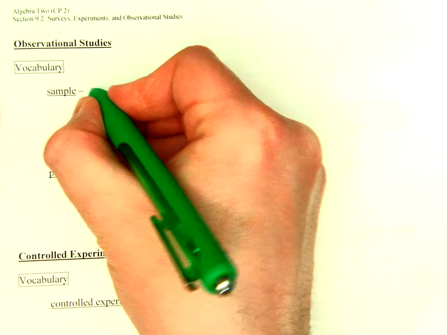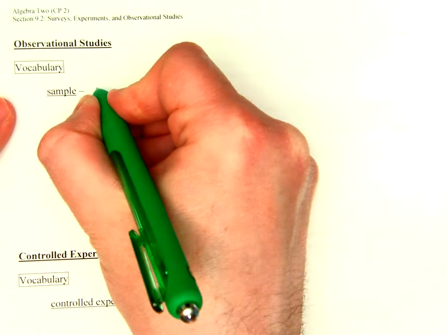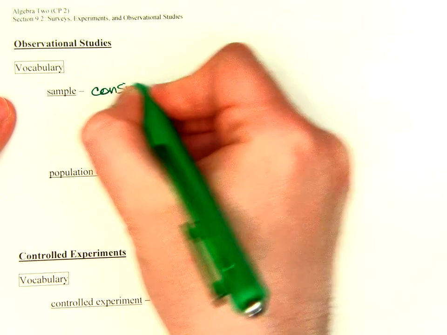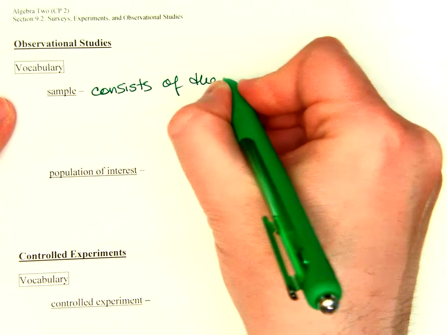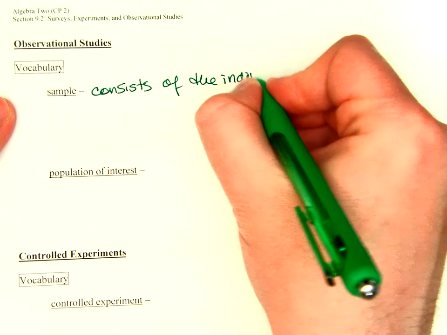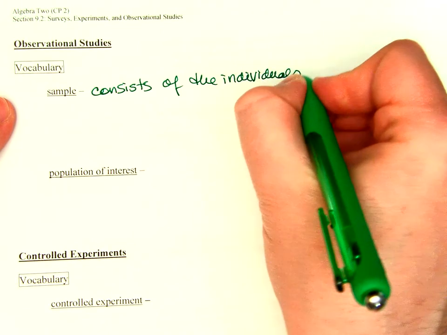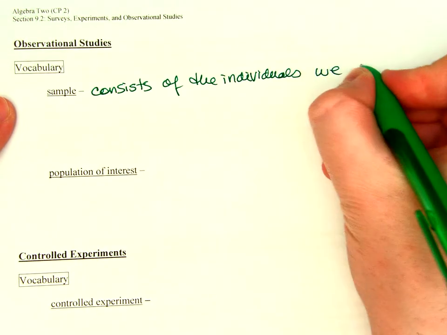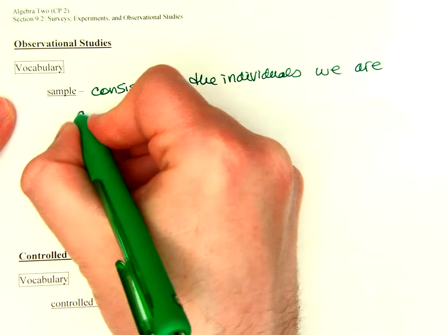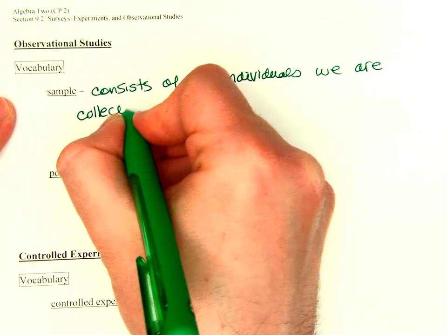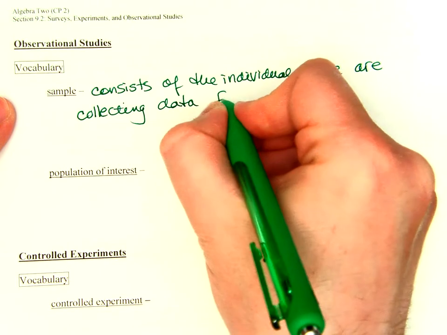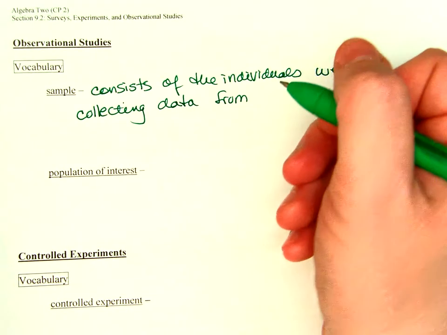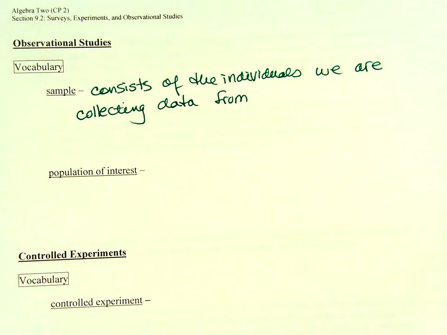Remember that our sample just consists of the individuals, either people or objects, we are collecting data from. And we're trying to use that data to make some generalizations about the entire population.